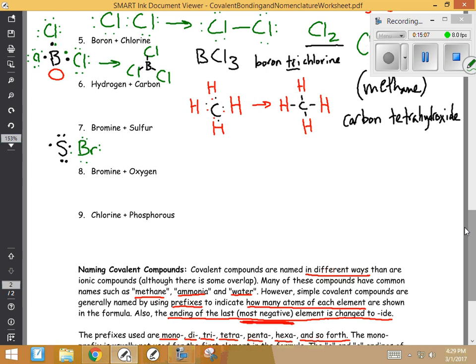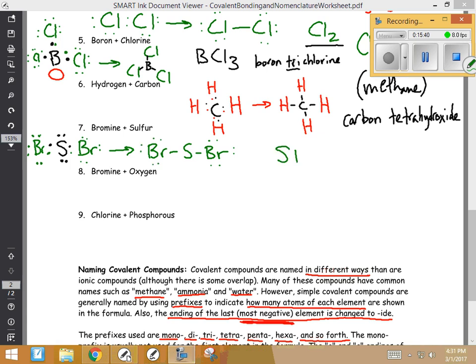All right, and over here, bromine has 1, 2, 3, 4, 5, 6, and 7. Now, when this looks structurally, bromine, sulfur, bromine, don't forget all of your unshared pairs. The formula is sulfur and bromine 2, and based on our naming conventions, it is sulfur dibromide.